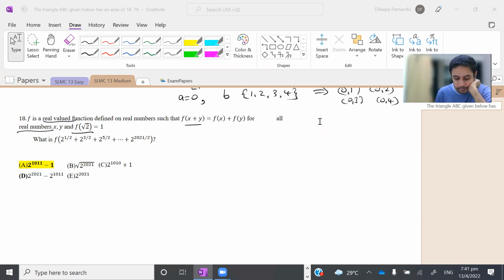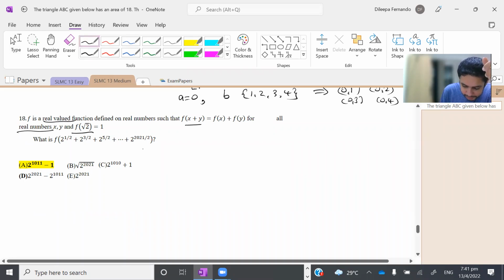So it must be a sum of root 2's. So this must be written as a sum of f of root 2's.